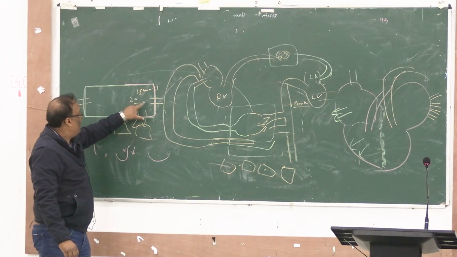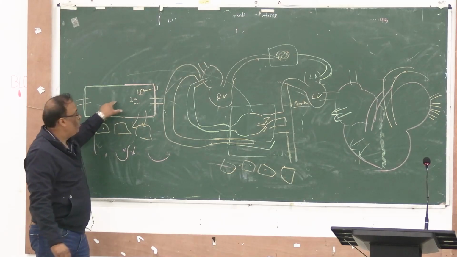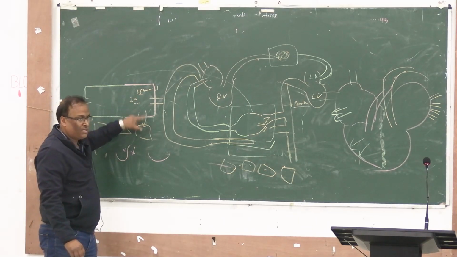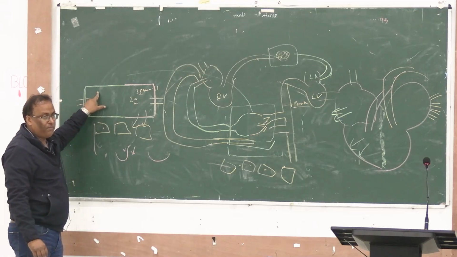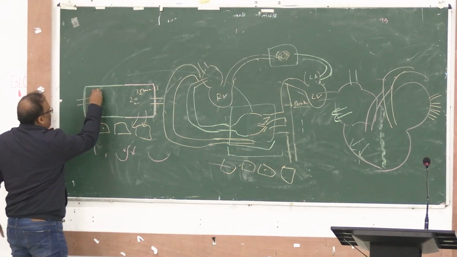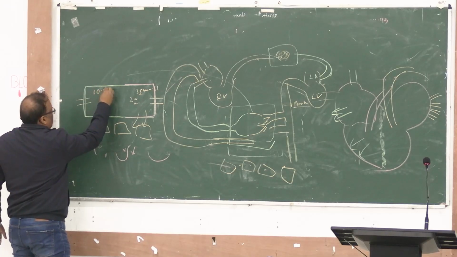Now when this blood goes on, it has released water, so do you think the hydrostatic pressure will still remain 35 in the venous part? No. So that will come down to, suppose, 10 to 15.